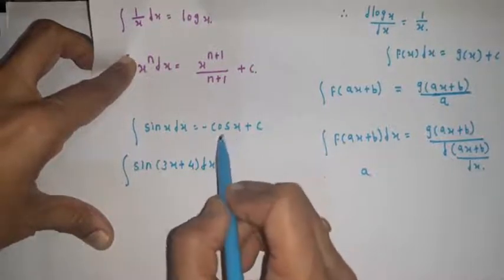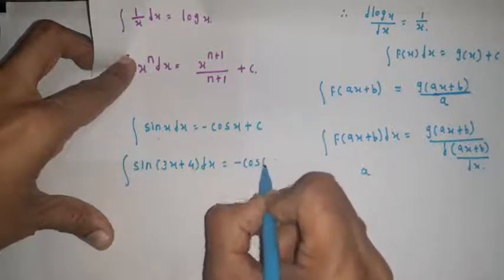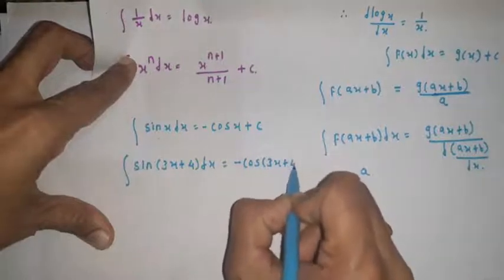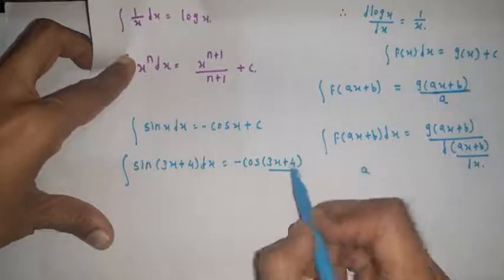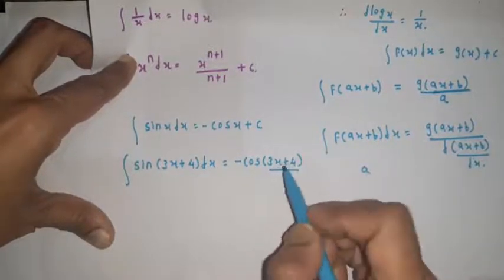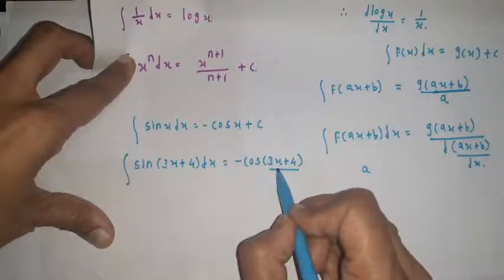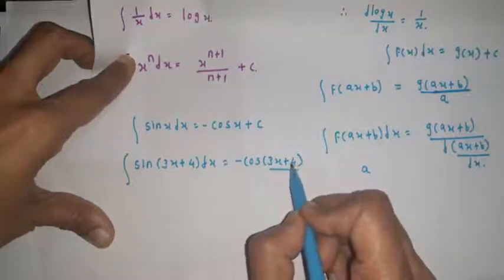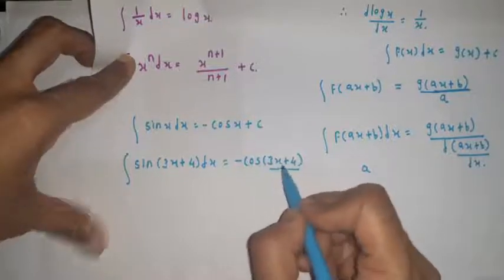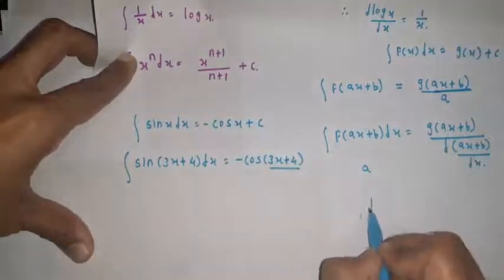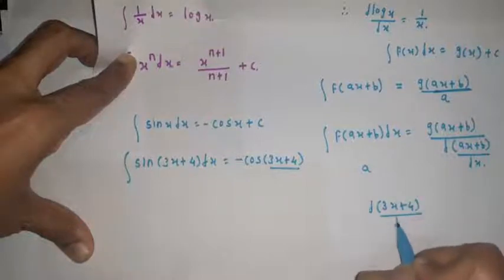See, therefore the integration of sine of 3x plus 4 is minus cos of 3x plus 4. But students, this 3x plus 4 is again a differentiable function and its differentiation is 3. Why? Because 3 is constant, differentiation of x with respect to x is 1 plus differentiation of 4 is 0, and that's why differentiation of this 3x plus 4 with respect to x is 3.